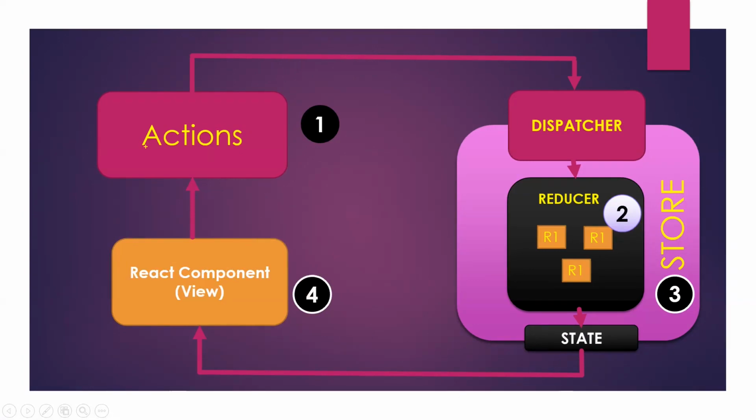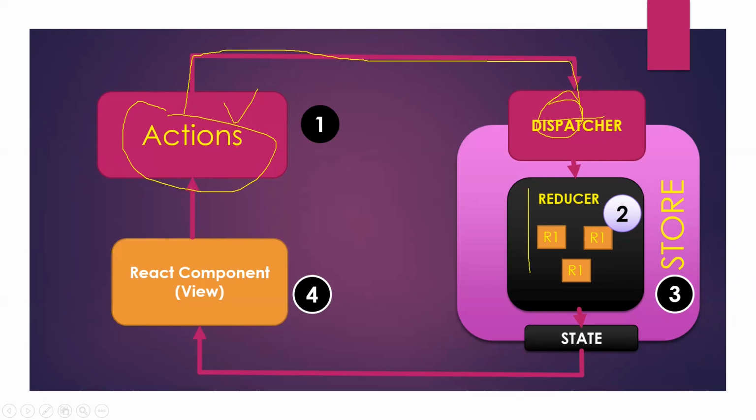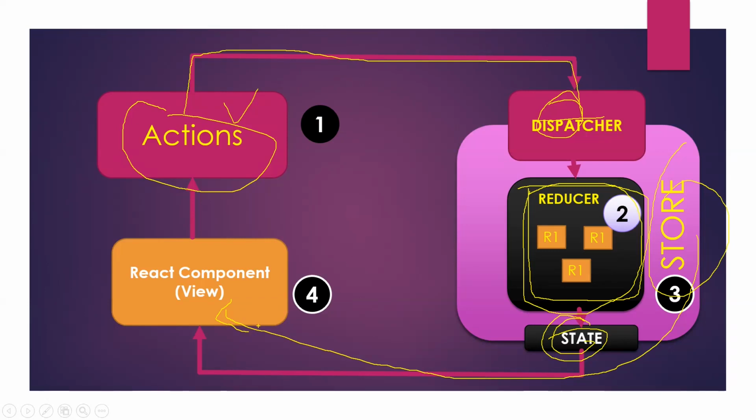First one is actions, that means suppose I clicked on the mouse and then this action is dispatched through the dispatcher, through the dispatch method, and the reducer is the main actor here. This reducer transforms the current state into the new state, and the new state is stored in this store. And then this store can be accessed in whichever view it is required.